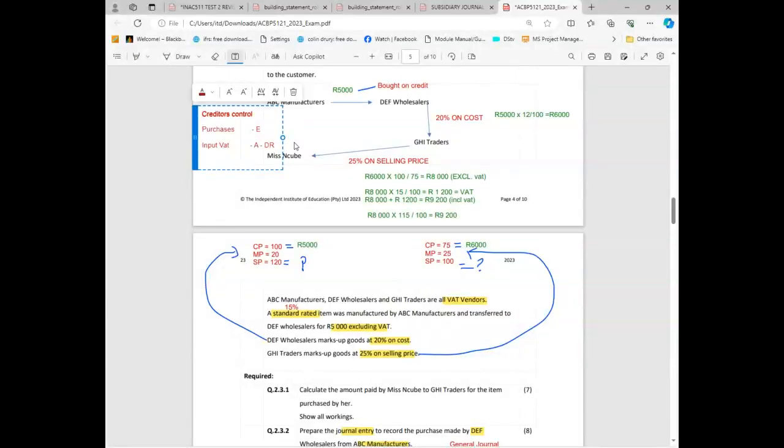We spoke, remember we had purchases yesterday? We said under periodic you call it purchases, and purchases are classified as expenses because they are used to calculate cost of sales. So it's just the system. You're not allowed to call it an asset, even though you bought inventory. Remember, for you to calculate cost of sales, you are going to use purchases, and purchases are expenses because cost of sales is also an expense.